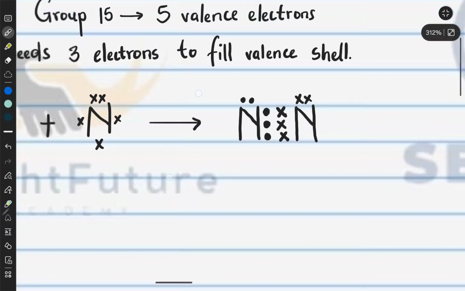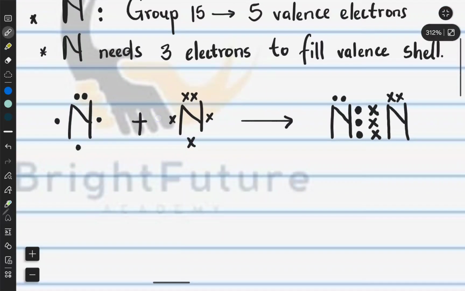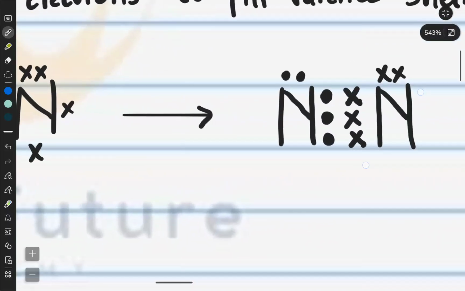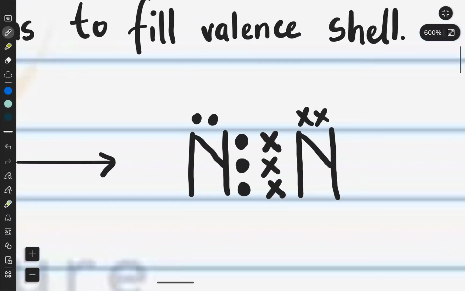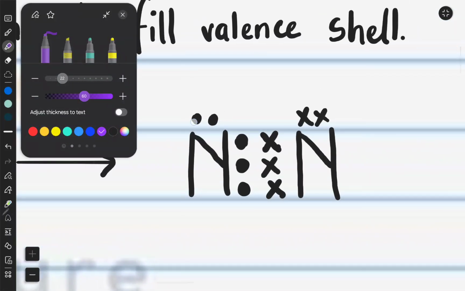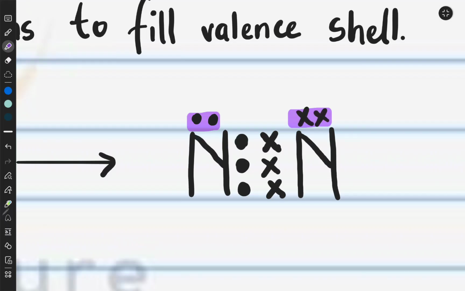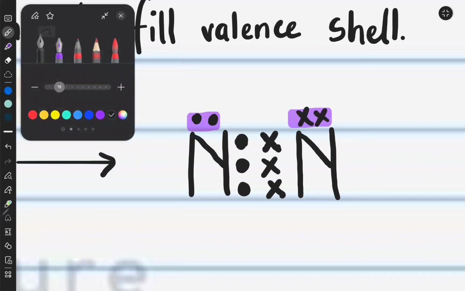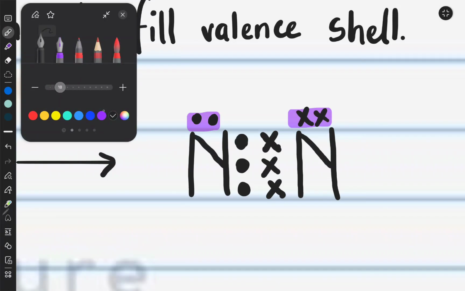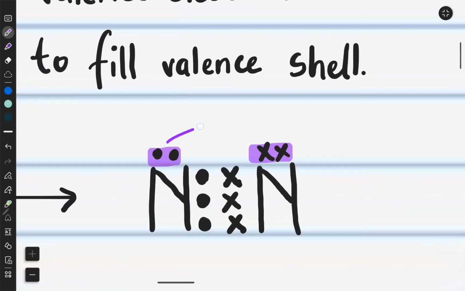Remember, there were 3 of them, 1, 2, 3, that were single electrons. And there was only one lone pair each. So, lone pair number 1, lone pair number 2. So here in the final nitrogen gas molecule, we basically have 2 lone pairs.